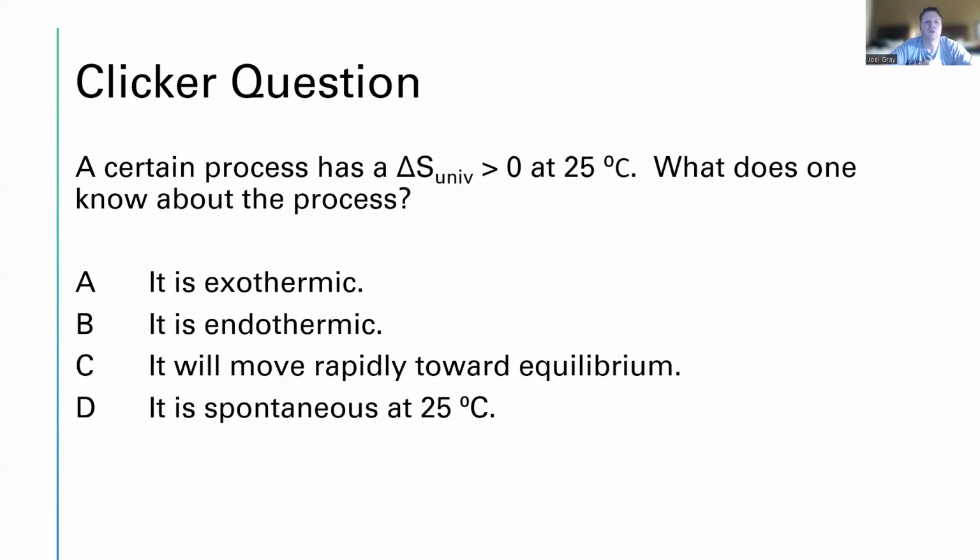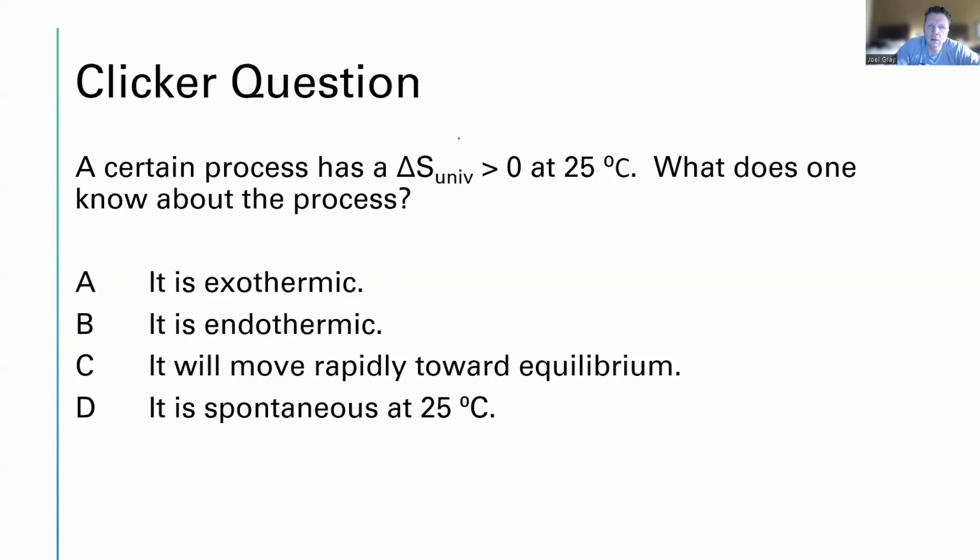So here's our first question. A certain process has a delta S of the universe greater than zero. So that's a positive entropy change. So that means entropy has increased. Therefore, the amount of order in the system has decreased. So I always like to write this out.